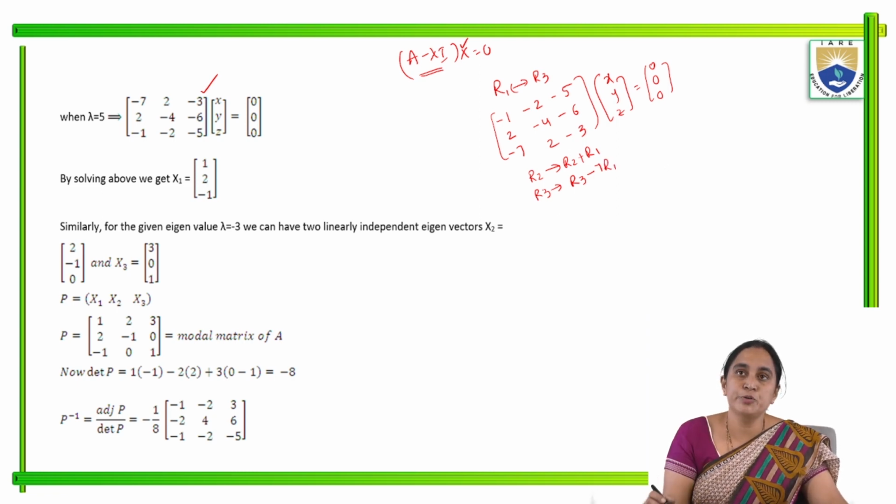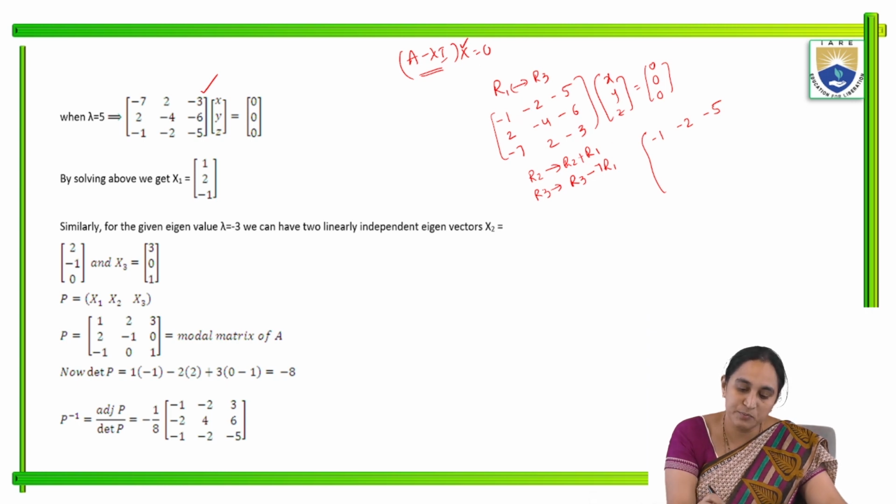From that, I'm reducing the matrix so that the first elements of the second and third rows become zeros. That is minus 1, minus 2, minus 5, and for the second row, this is R2 plus 2R1. This is 0, and here minus 4 minus 4 is minus 8, and next minus 6 minus 10 is minus 16.